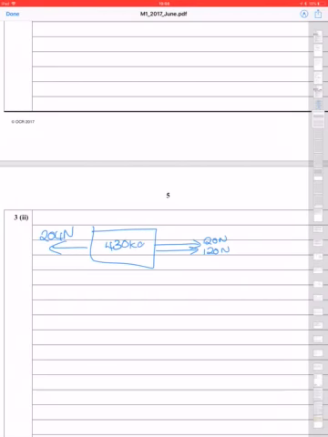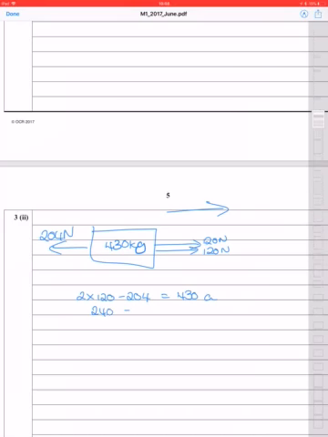So the overall thing, we've got two lots of 120 minus 204 equals mass times acceleration, so 430 times a. So you get 240 minus 204 equals 430a. I think that becomes 36 over 430 equals a.